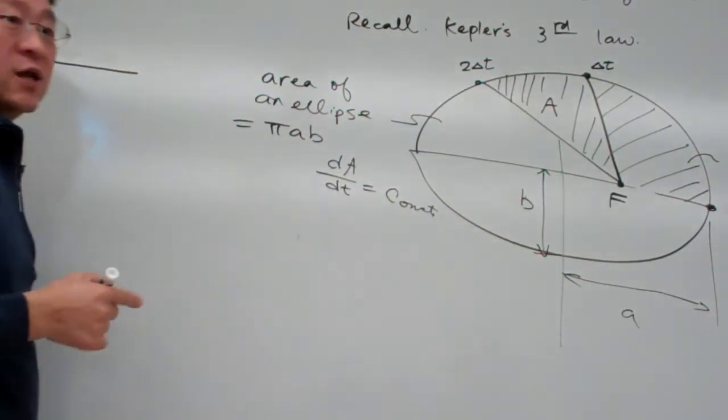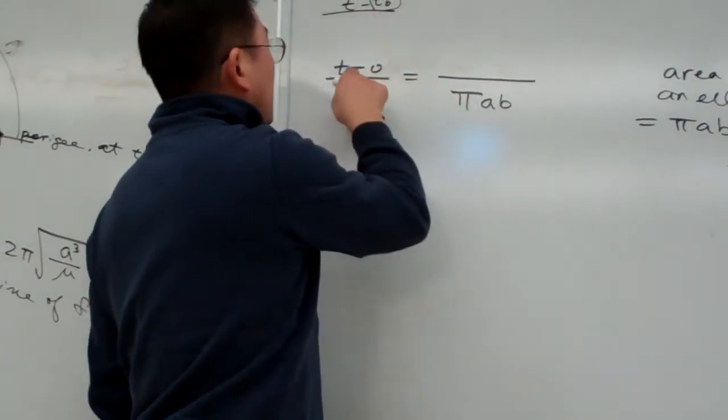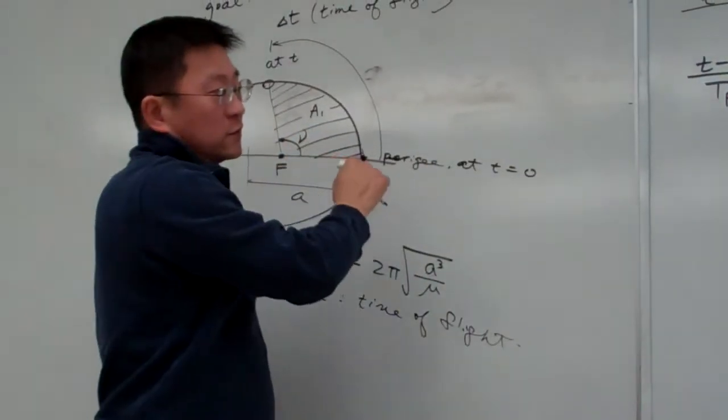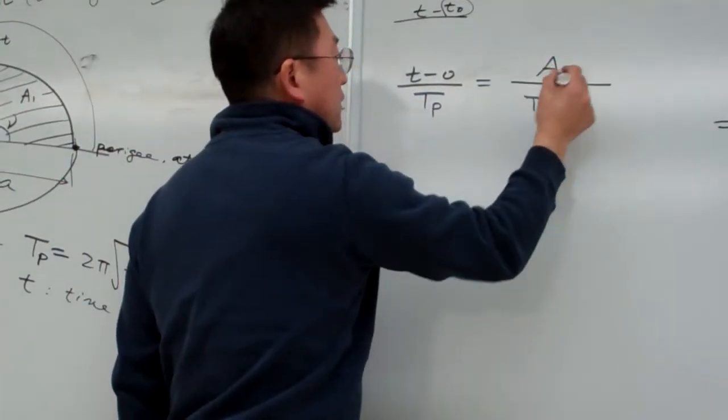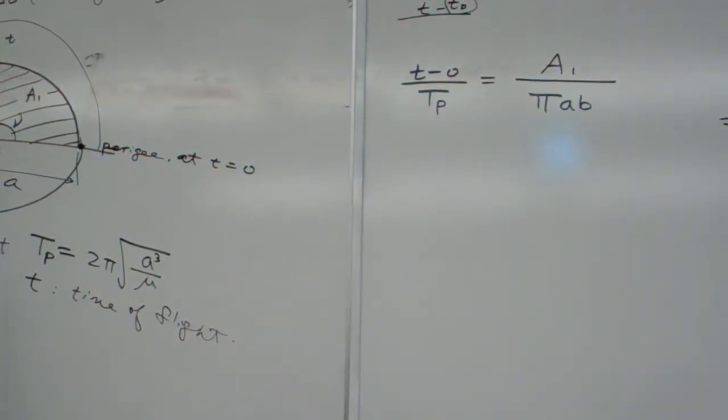So that is pi AB. And the swept area for the time of flight, in terms of the symbol, is A1. Right, so from here you can see it's pretty easy.